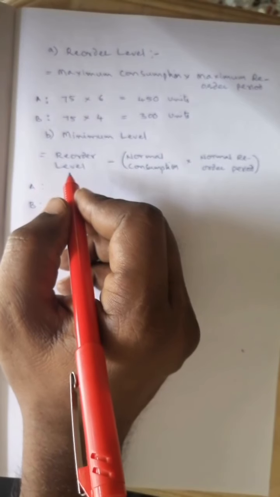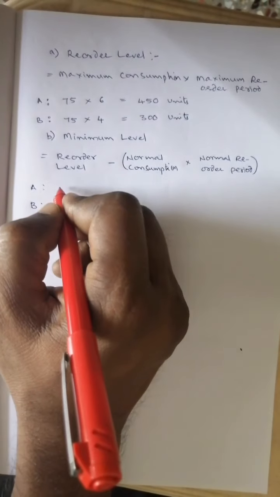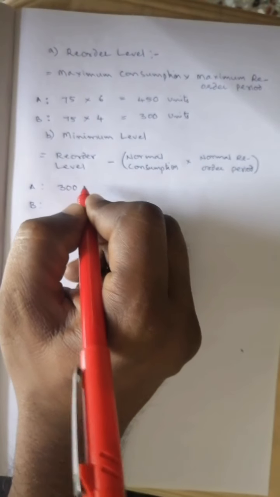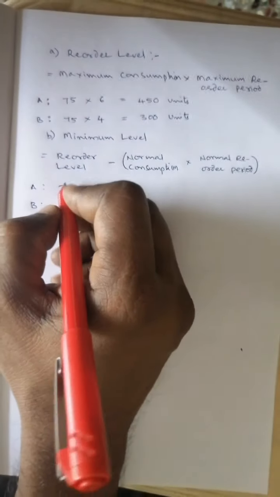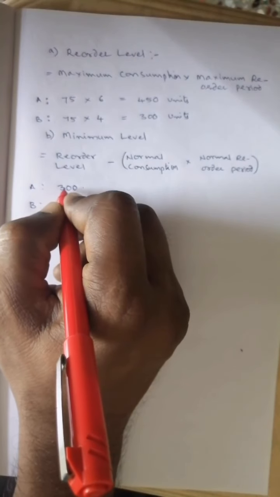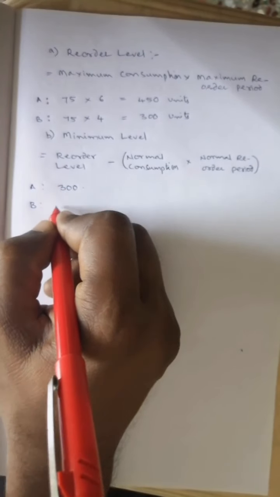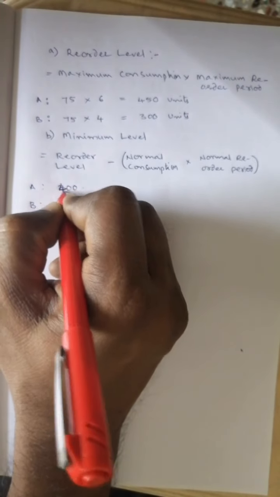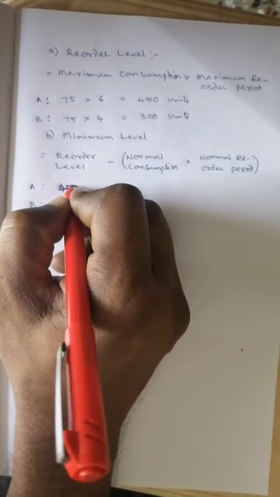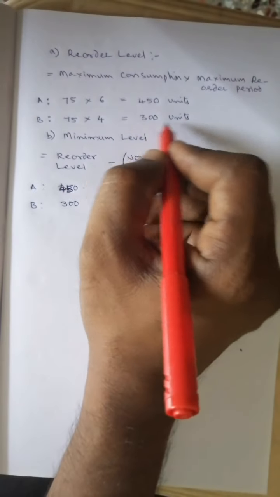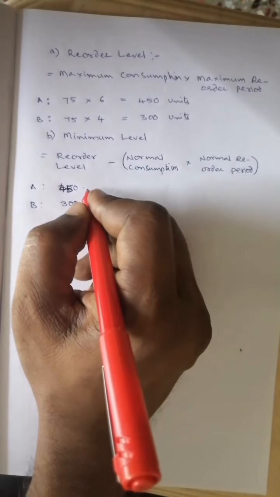Reorder level for component A is 450 units and for B 300 units, just computed.